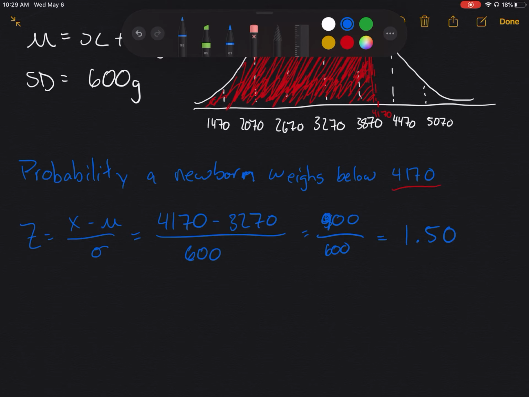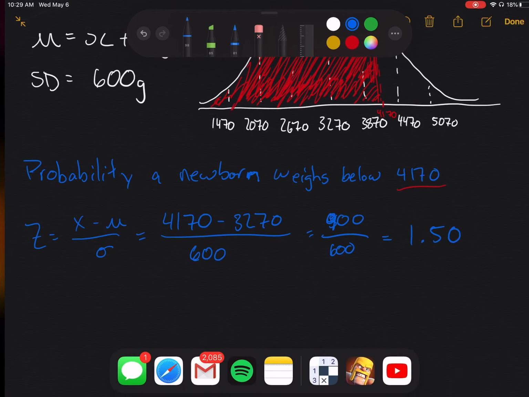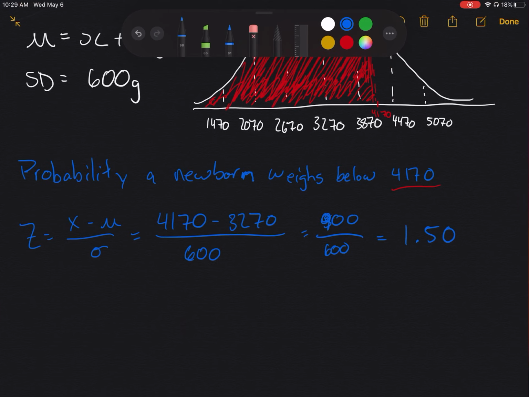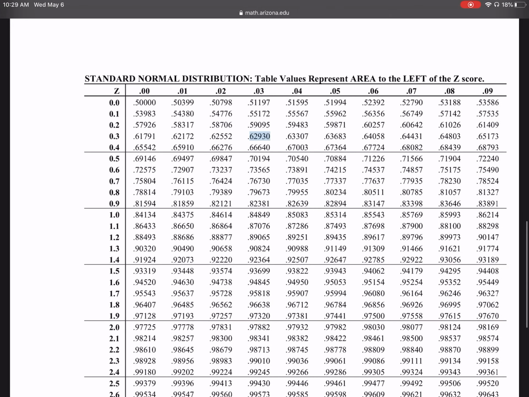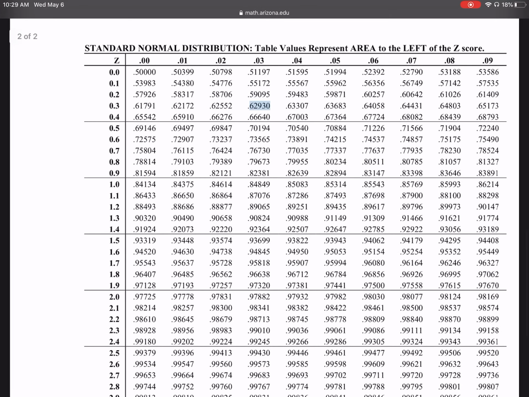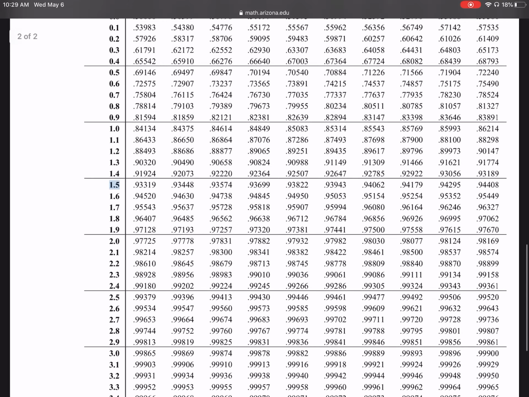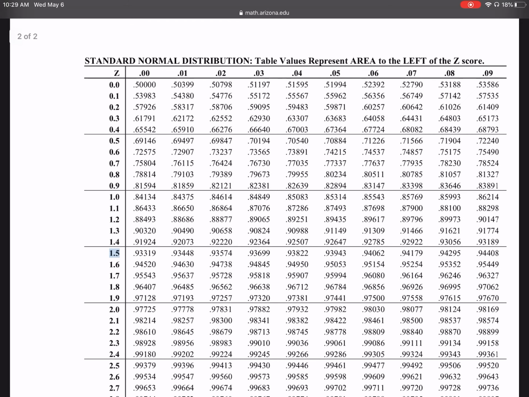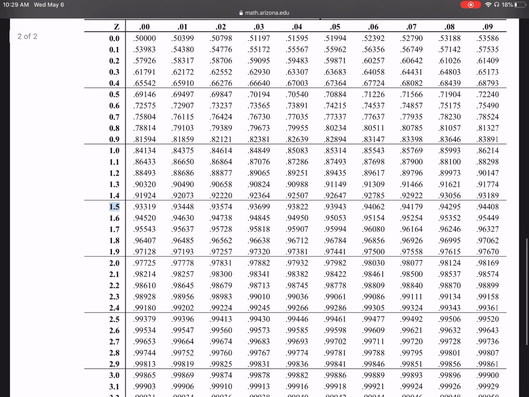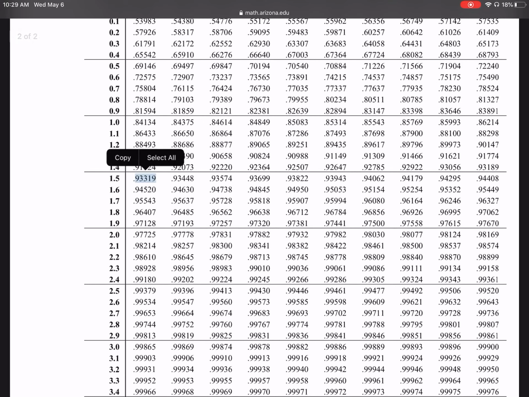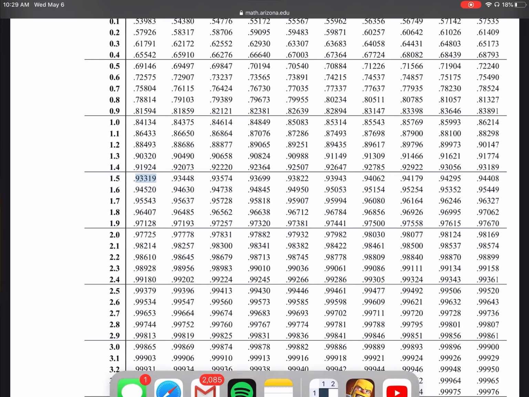Let's go to our standard normal table, okay? So standard normal table, we're looking for 1.5. So I'll go to 1.5, and it's 1.50, so we're going to be in this first column here, and 0.93319.